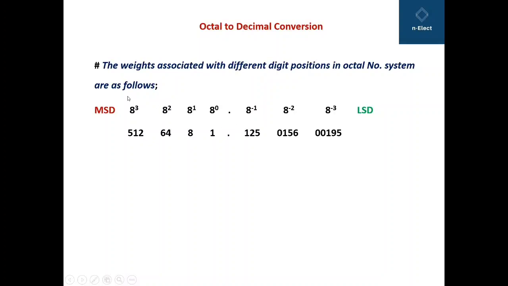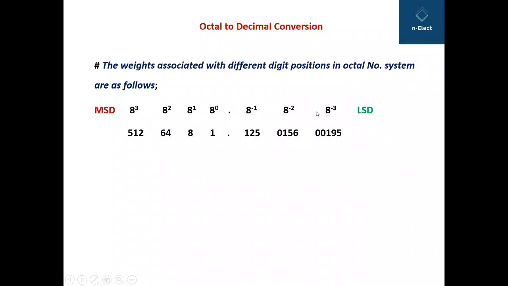Consider an octal number where the point comes. Since the point comes, we will call it the octal point. From the octal point towards the left hand side, that is towards the MSD, the most significant digit, the weights will be 8 raised to power 0, 8 raised to power 1, 8 raised to power 2, 8 raised to power 3, and so on and so forth.